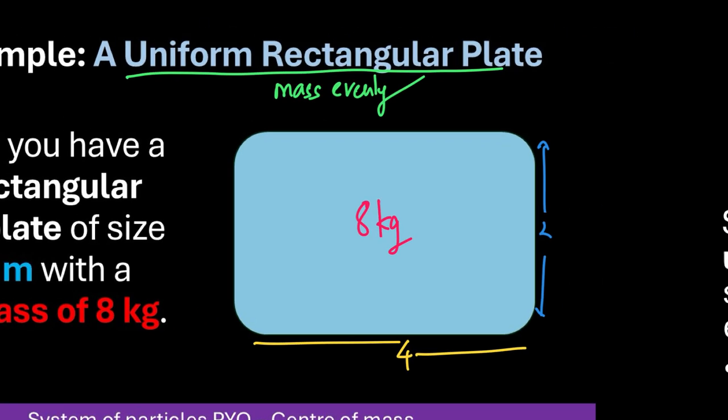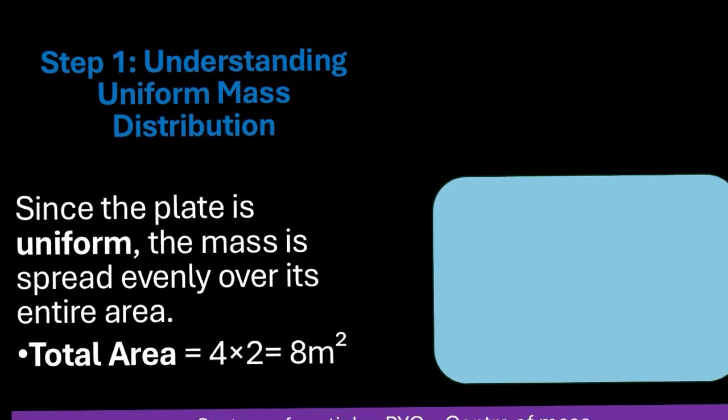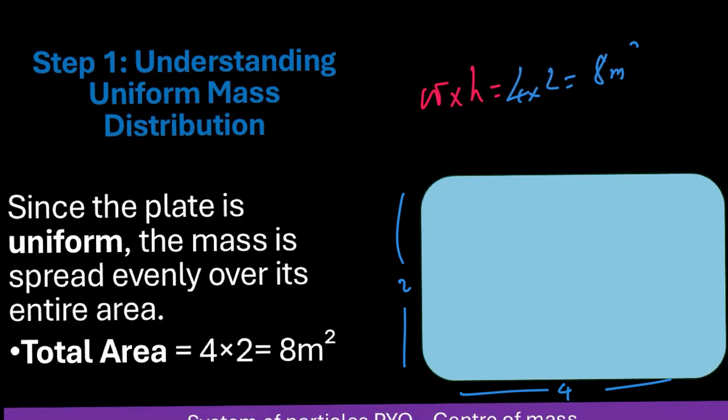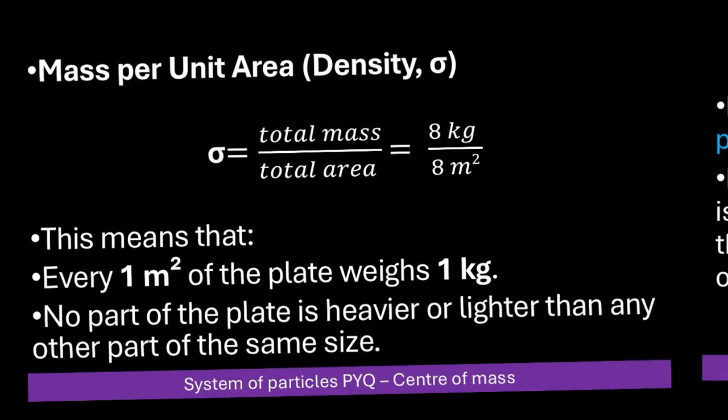Okay. In this case, what is the total area? The total area here is width into height, which is 4 into 2 equal to 8 meters square. Right?